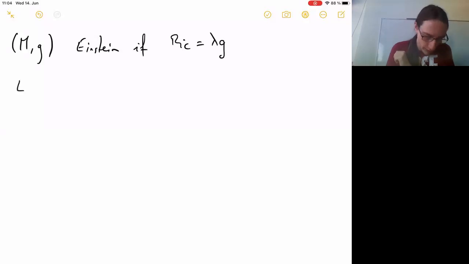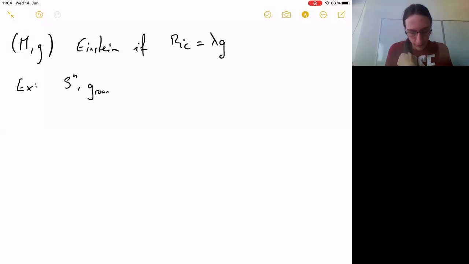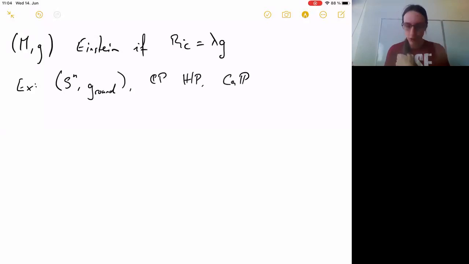So the common examples: spheres with their round metric, standard metrics on projective spaces. Your favorite space, if it has a canonical metric, good chance it's Einstein. And then the next question, of course: if you can't solve the problem in general, it may be pretty hard. But you have some canonical Einstein metric, and the next question you can ask is, is it unique?